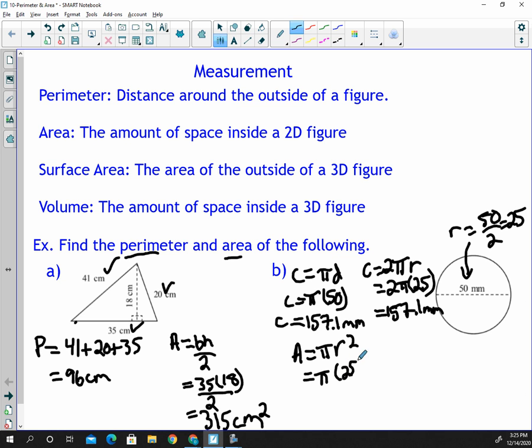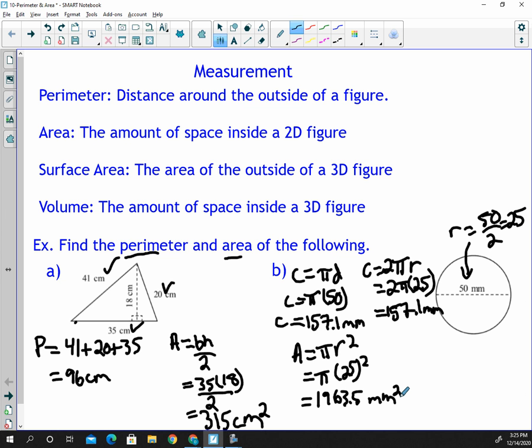So we'll do 25 squared times pi, or you could do pi times 25 squared. I get 1,963.5 millimeters squared. Again, we're talking area, so we're talking about units that are squared.